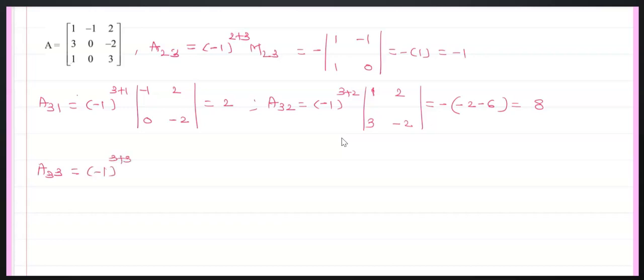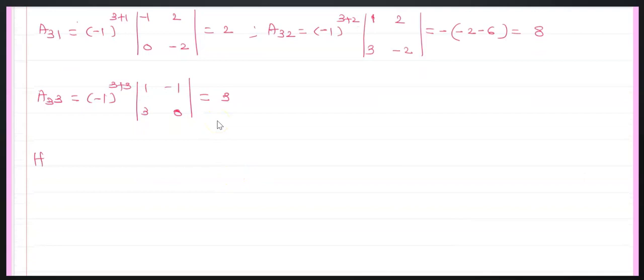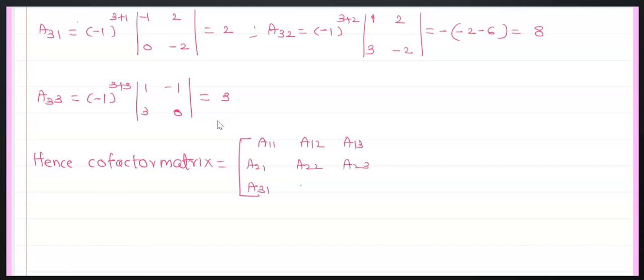A33, that is 1, minus 1, 3, 0. And therefore it is 0 minus minus 3, that is 3. Hence the cofactor matrix is A11, A12, A13, A21, A22, A23, A31, A32, A33.